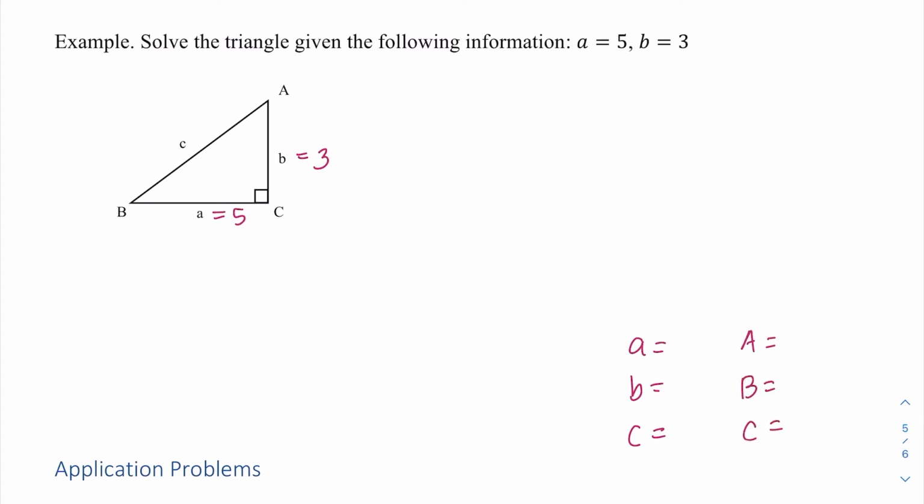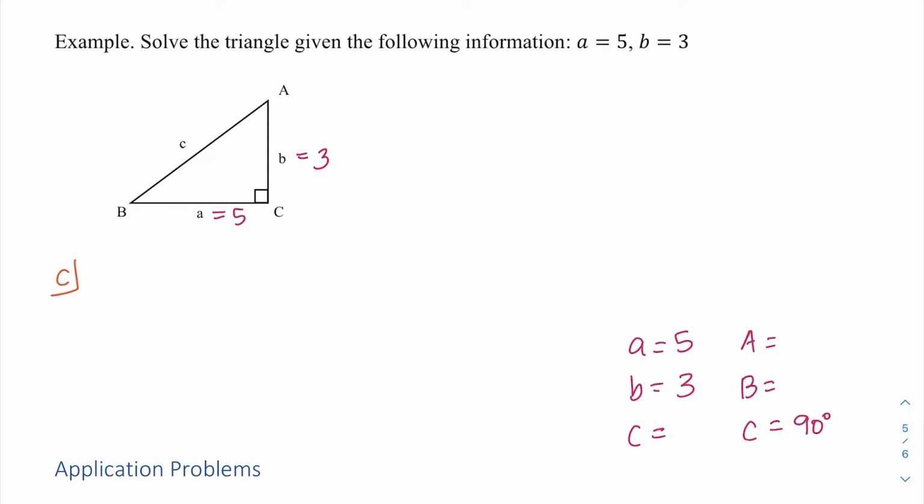I'm already given some of those, so I like filling those in. That's easy. So A is 5, B is 3, and big C, that angle, is 90 degrees. All right, what's left? Well, I need little side c and the A and B angles. Because I'm in a right triangle, I can use the Pythagorean theorem when it's convenient, and in this case I will use that for finding little c.